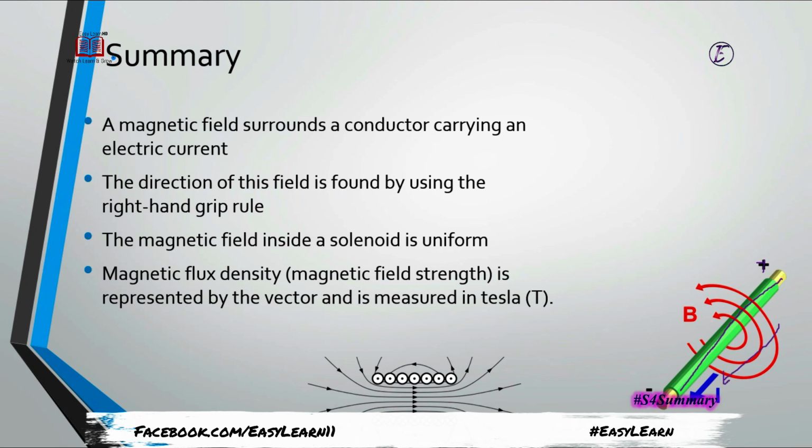The magnetic field direction is perpendicular, at 90 degrees, to the current.